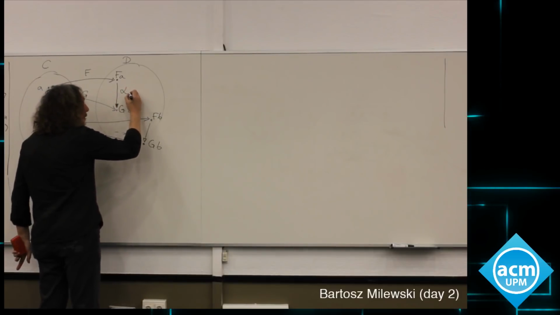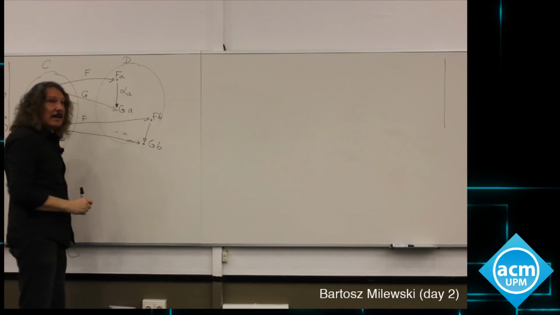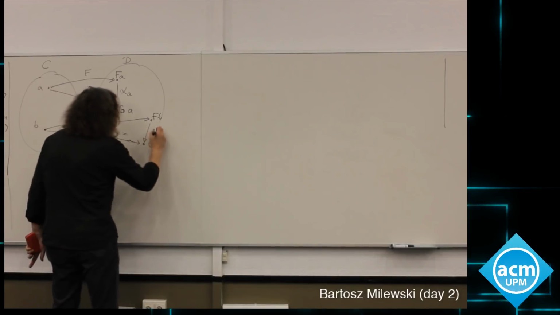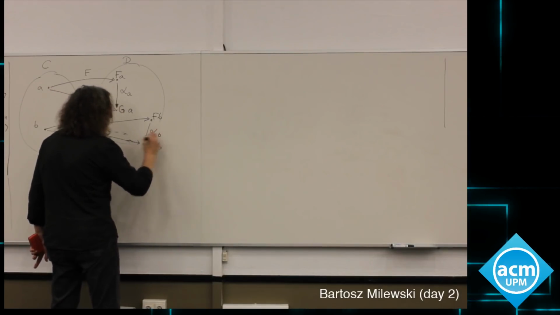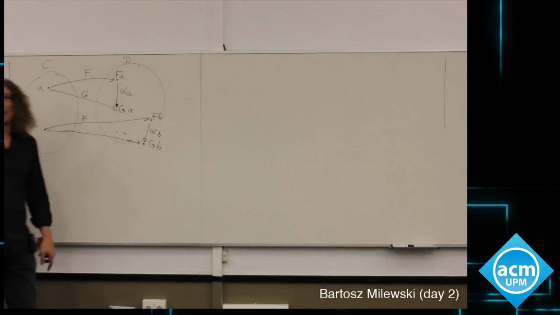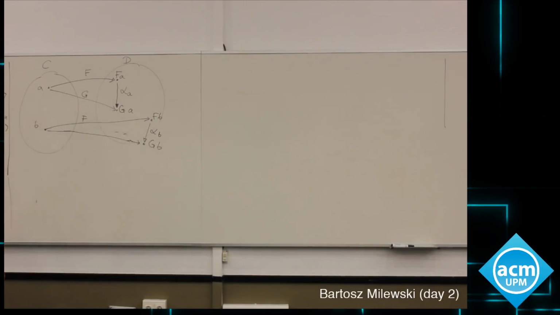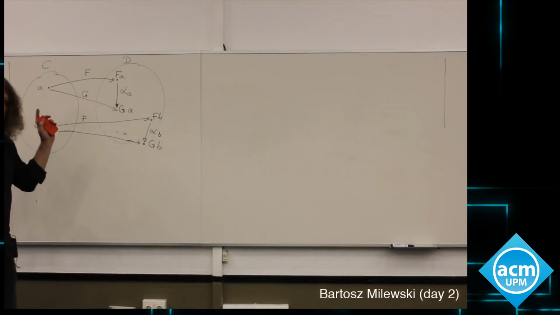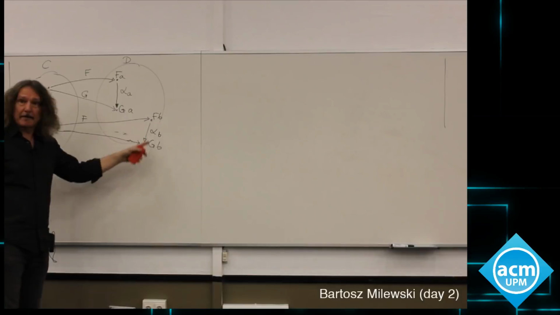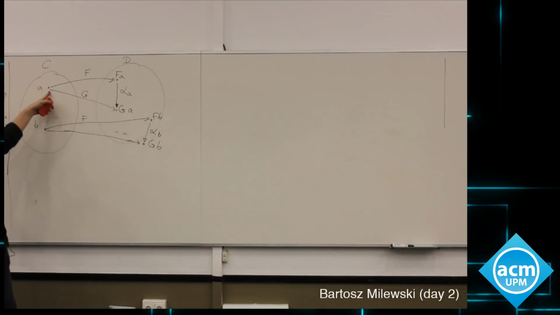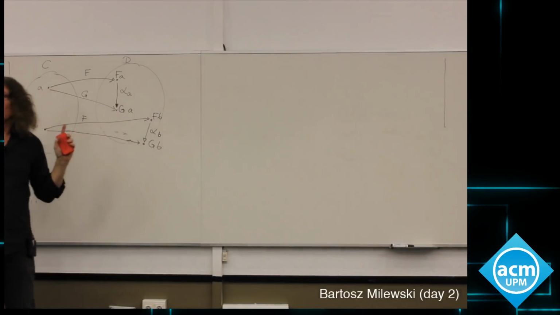So this is the component of alpha at A, this is the component of alpha at B, and so on. So it's a whole huge family of morphisms in category D. For every object in C, we have a morphism in D.